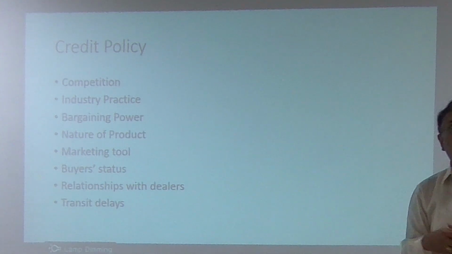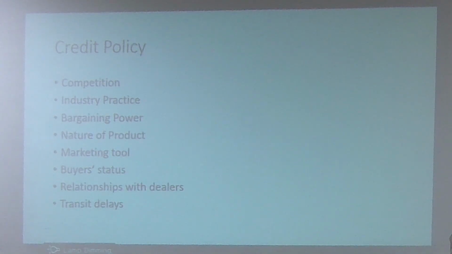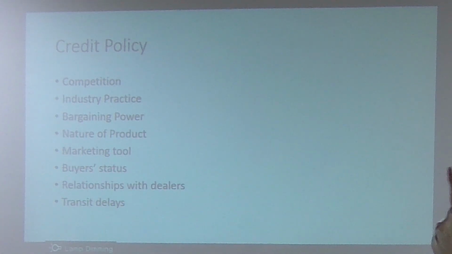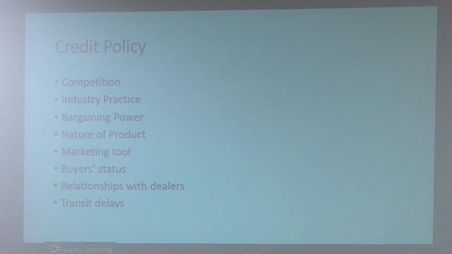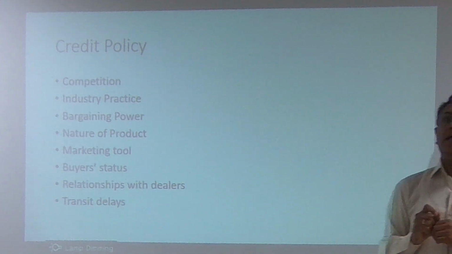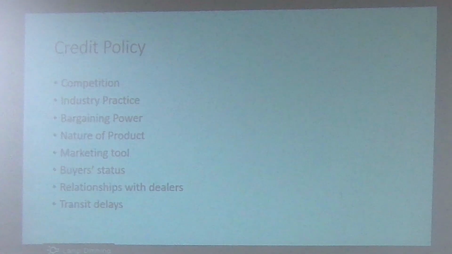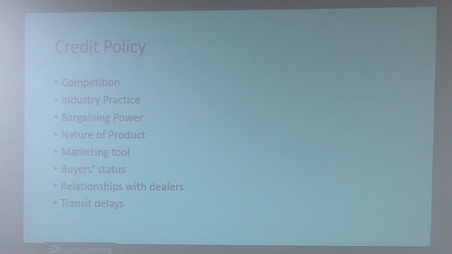Similarly, nature of product. This is very, very important. Some products are sold just because of credit. Otherwise, buying is not possible, because of the mindset, because of the behavior. And the most important and very, very costly product is your house. Buying a house is not possible without credit.